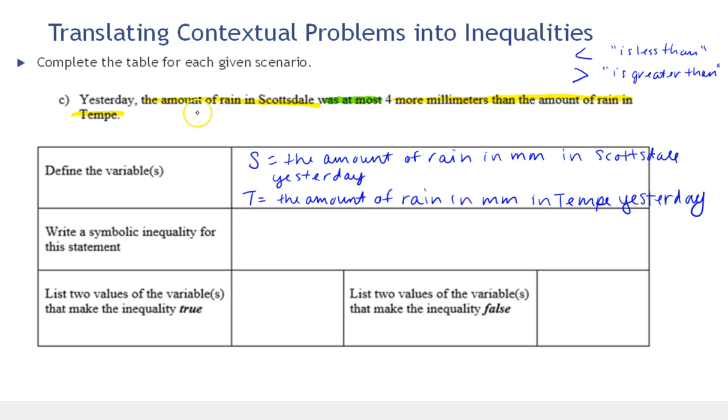So let's see how they're connected in the sentence. So first we have the amount of rain in Scottsdale in millimeters yesterday. So that's what we defined to be S. So I'm going to put S here. And notice on the right-hand side of the verb, we have 4 more millimeters than the amount of rain in Tempe. Well, 4 more than T, we'll write that as T plus 4.